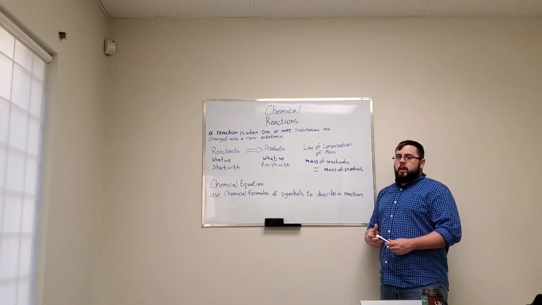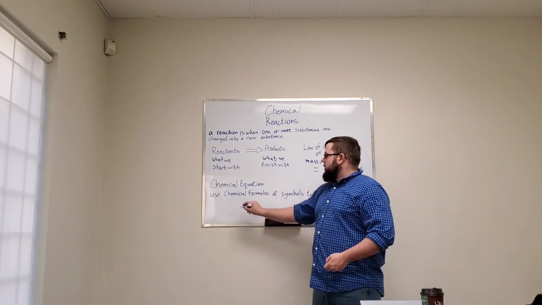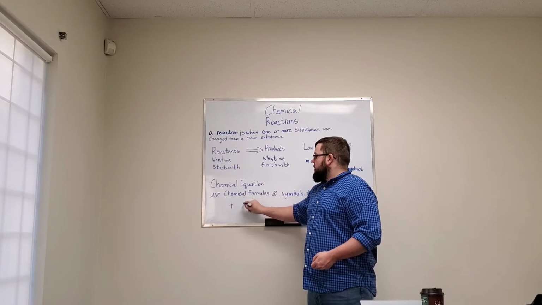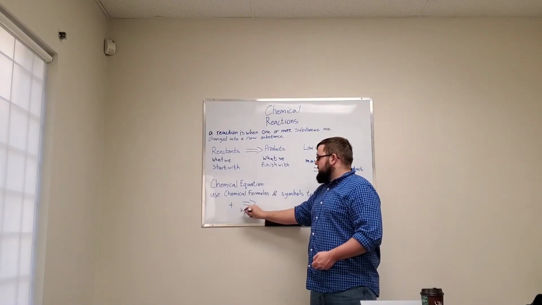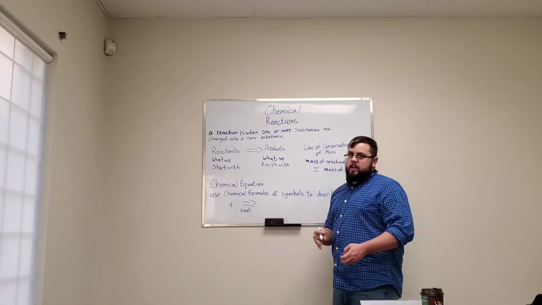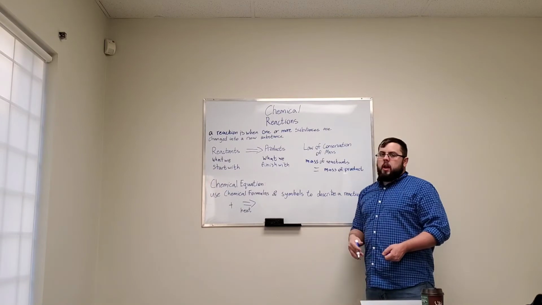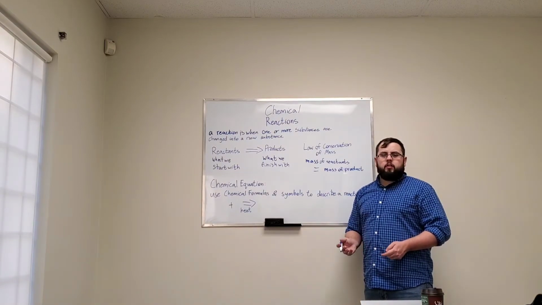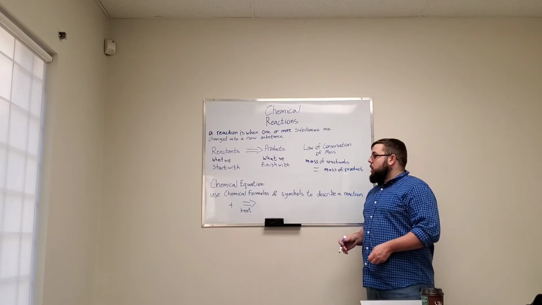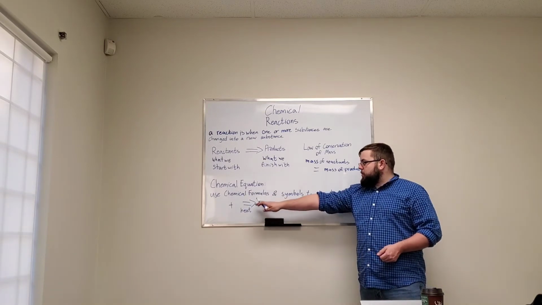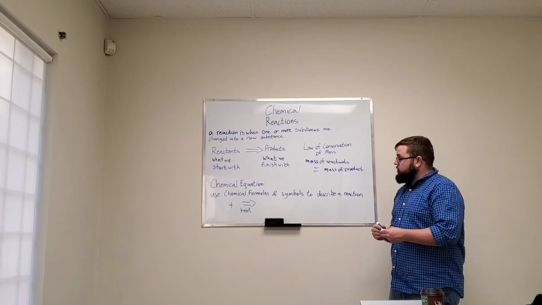Now, there's quite a list of these symbols, but they tend to be things like plus or an arrow. It may indicate that heat is needed. There are maybe about 10 to 12 different symbols, and they're in the PowerPoint, so you can have a look at them all there. I don't quite have enough space to write them all down here, but there are a whole bunch. So using chemical formulas and symbols, we can describe a reaction that's happening.